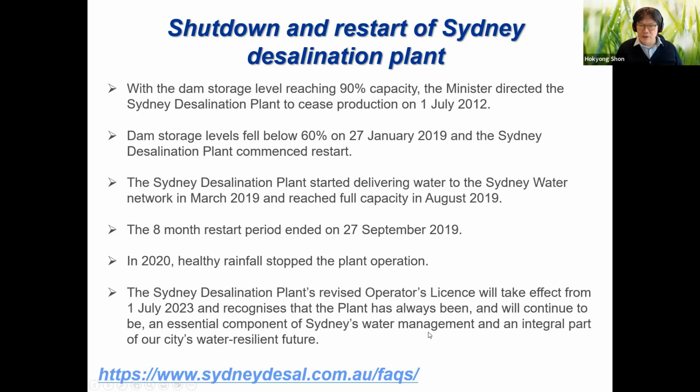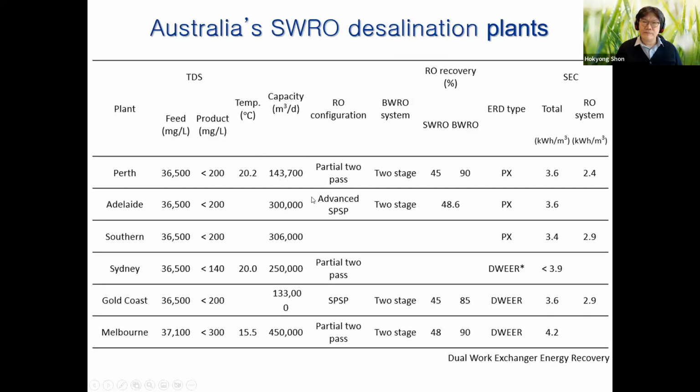So we will continue to operate the Sydney desalination plant. So this is our sixth desalination plant. What is their TDS concentration? What is the capacity difference and RO configuration?